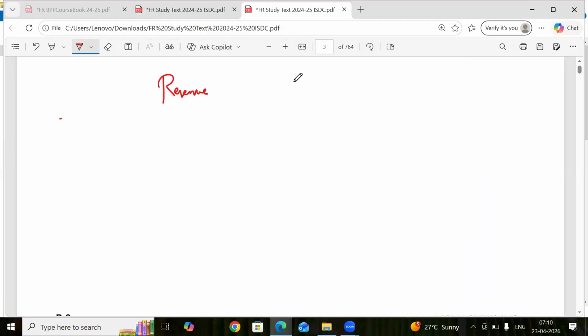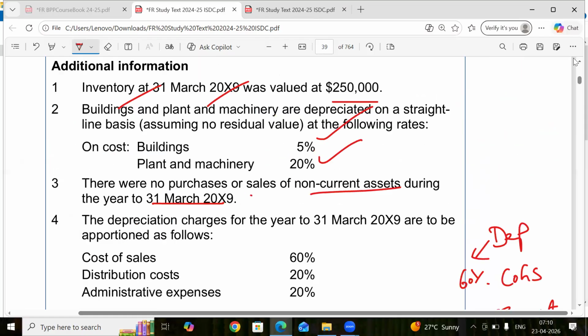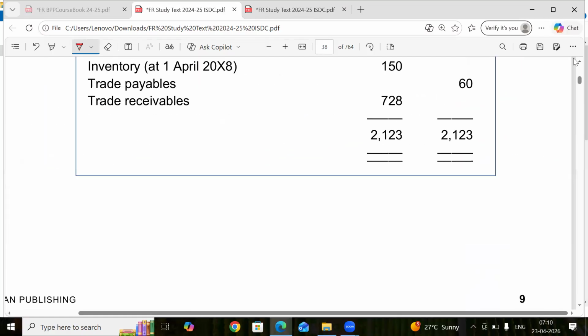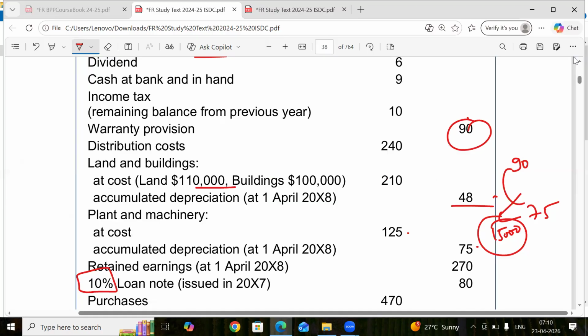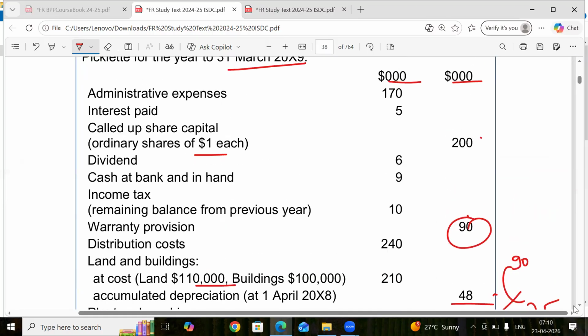Piclet company's revenue is 1300. Next step is cost of sales.